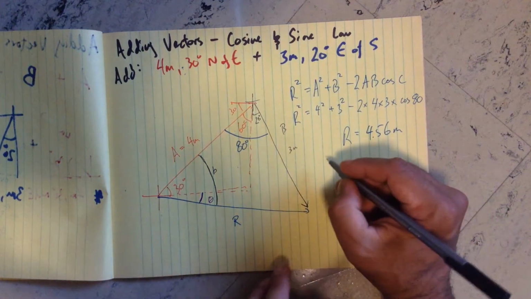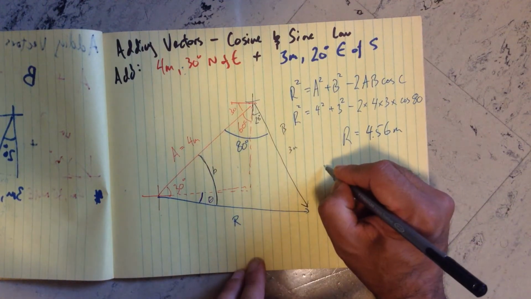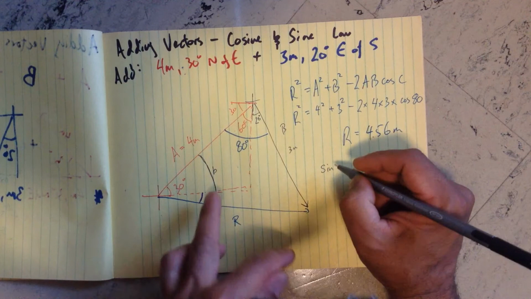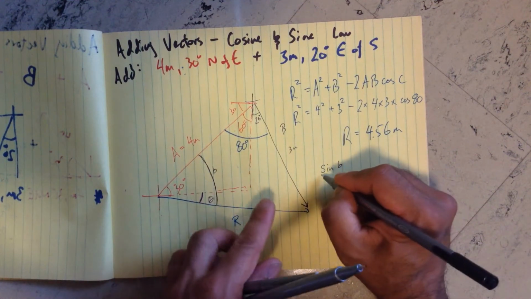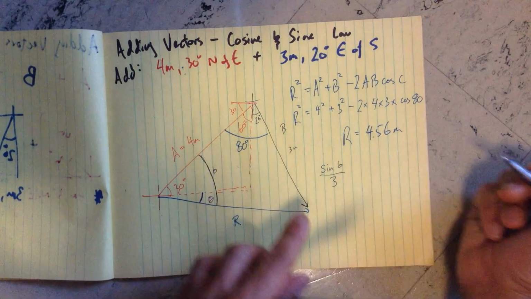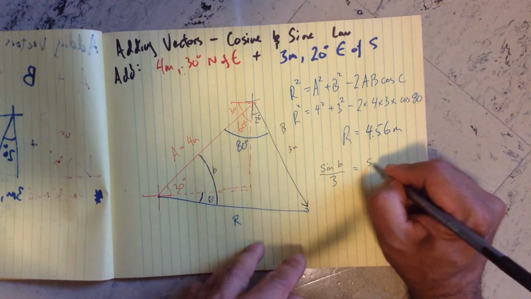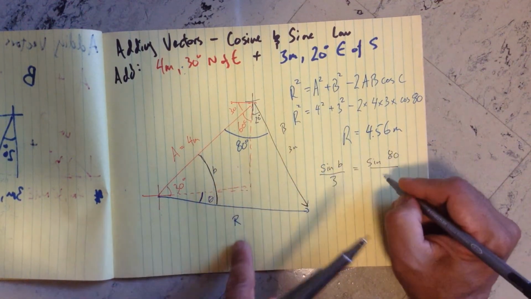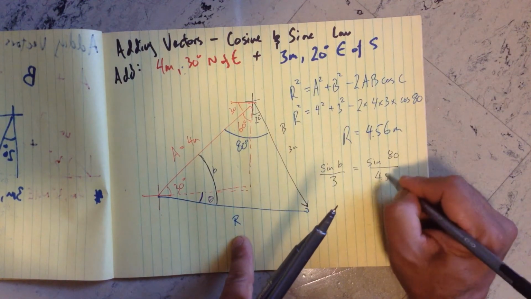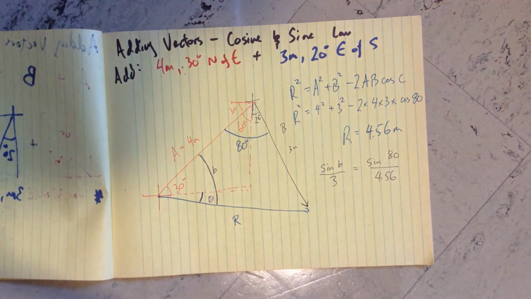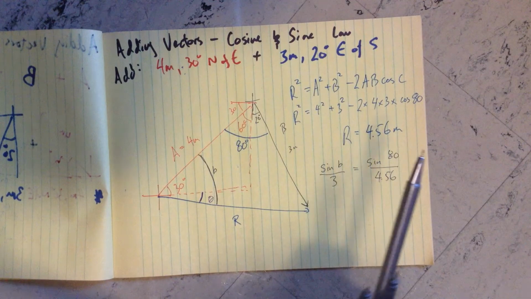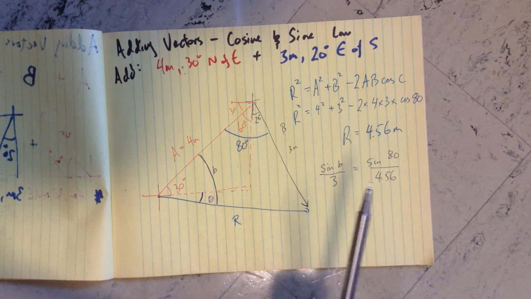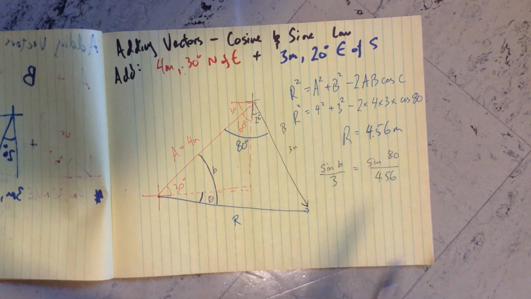So remember that sine of this angle B that we're trying to solve divided by its opposite side, 3 meters, equals sine of 80 degrees divided by our resultant R. So you're always using the angle you used in your cosine law calculation and the resultant value you got as one set of things.